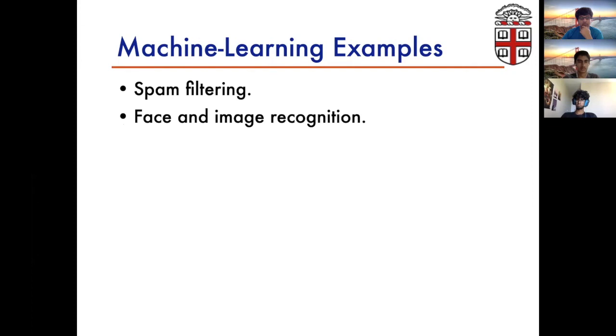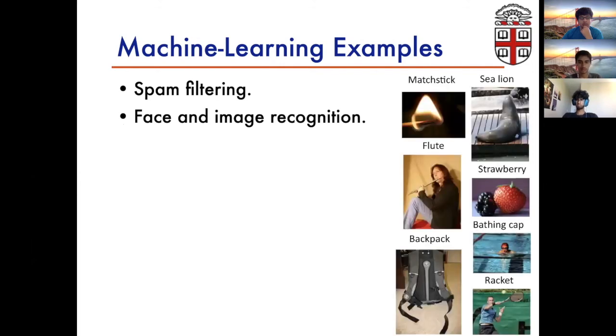Spam filtering, to recognize when unwanted email shows up. Face and image recognition. I found this very impressive. Here's a set of images and the computer's guess as to what's in the image: a sea lion, a strawberry, a bathing cap, a racket. This system was created not by a person writing out all the rules, because that actually turns out to be really hard, if not impossible.